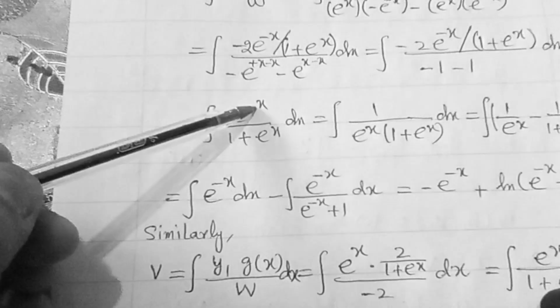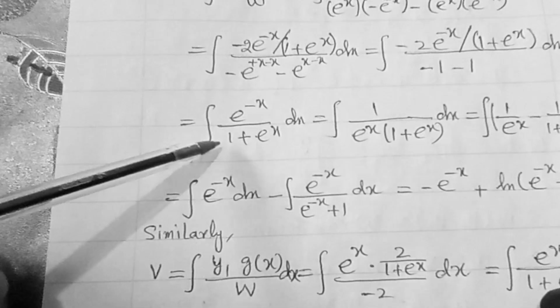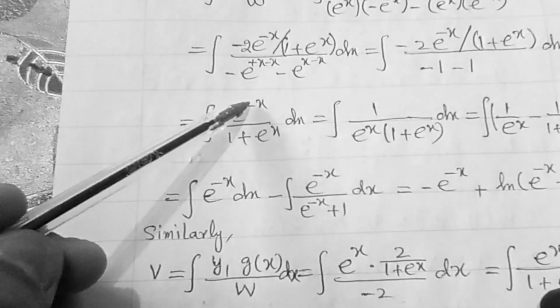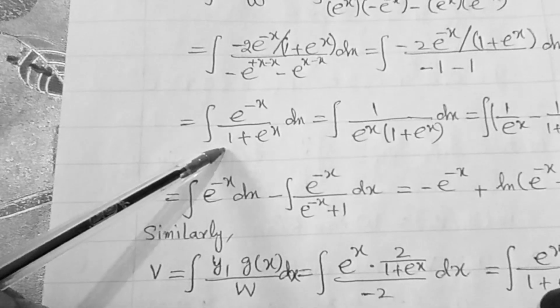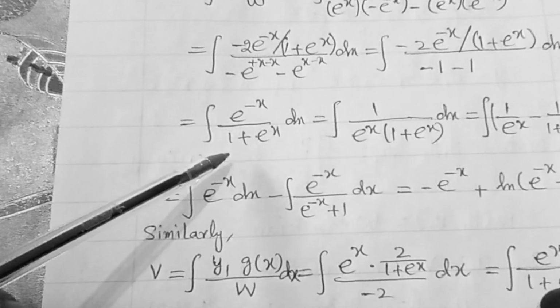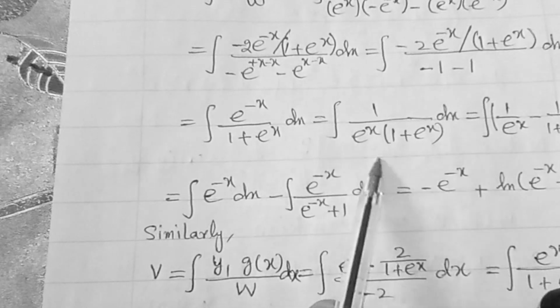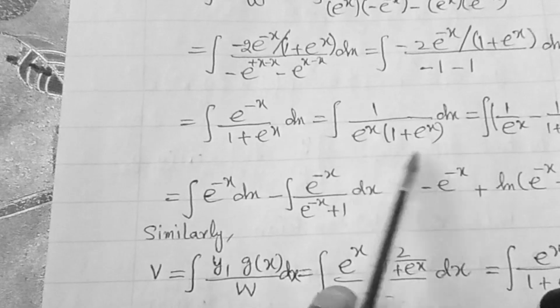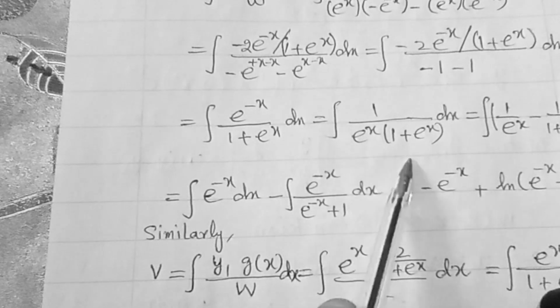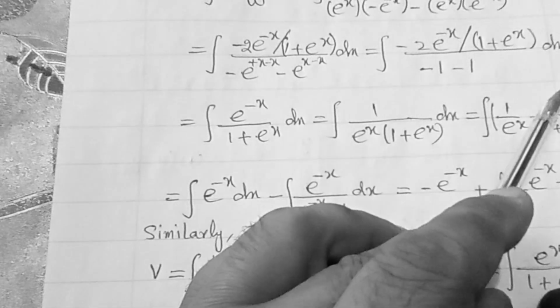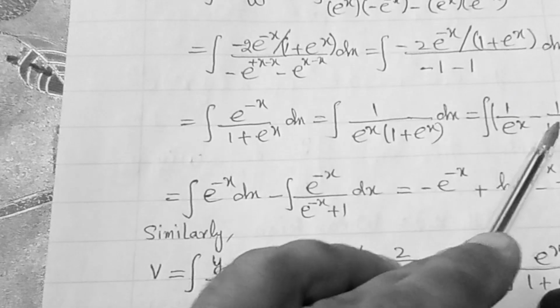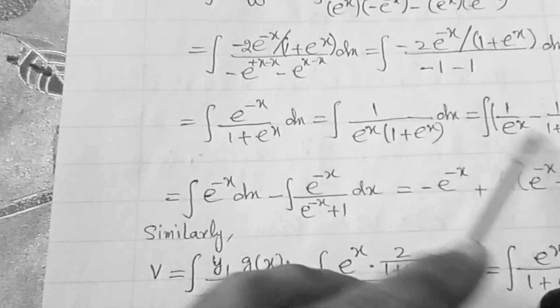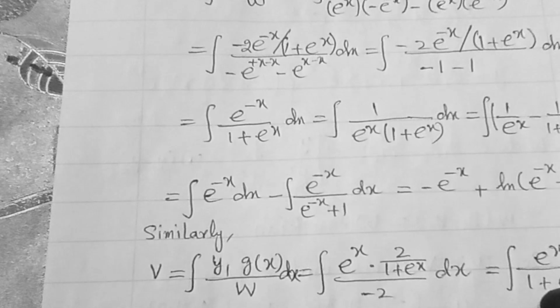Now we can shift exponential minus x into the denominator, because we have a negative power. When shifted from the numerator to the denominator, the power becomes positive. Now we have two factors. By breaking the LCM, this factor can be written as 1 upon e power x minus 1 upon 1 plus e power x. Why do we break the LCM?